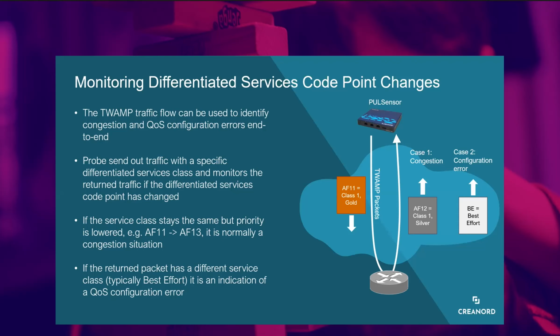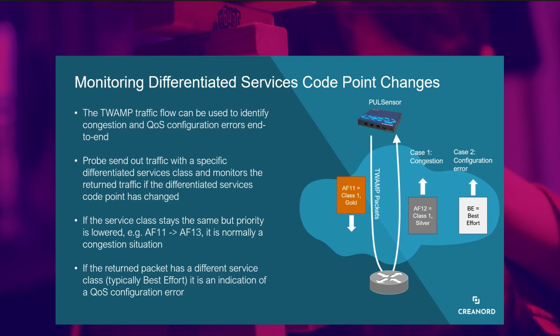And depending on what change has happened, you can then determine a probable cause of that change. So if you are using the assured forwarding service class and you have used the gold priority sending out the packet, and it comes back as silver or bronze, it is very likely that somewhere along the path you have a congestion situation. So you probably need to look further into that and upgrade the capacity of your network, or do some reconfiguration, re-engineering of the traffic paths.